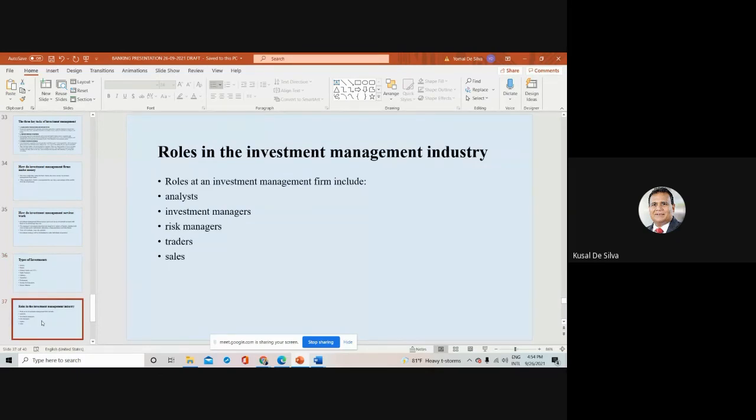Then the role of the investment management industry. There are roles as investment managers. Firms include analysts, investment managers, risk managers, traders, sales. These roles are in high demand, like the analyst, called the equity analyst. We have business analysts, different types of analysts.